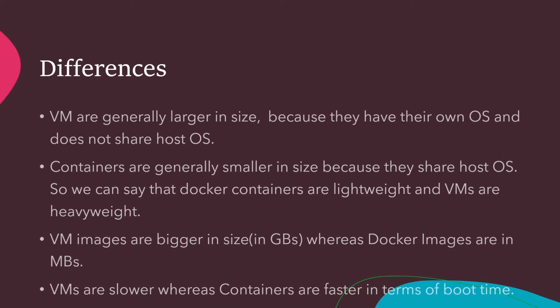Virtual machines are slower because each virtual machine needs to boot the OS, and when you boot the OS, all the startup scripts and the applications that you define at the startup are started. Whereas with containers, you don't have an operating system first of all, and second, it shares the host operating system, so it is much faster in terms of boot time also.